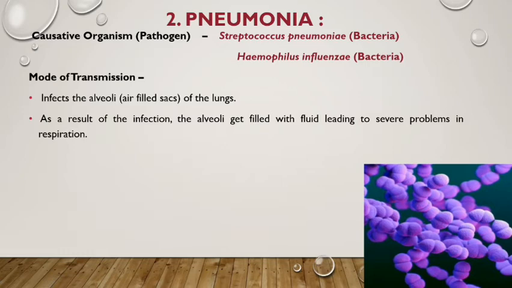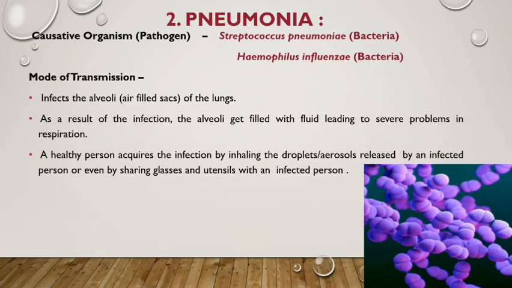Then, my dear student, a healthy person acquires the infection by inhaling the droplets or aerosols released by an infected person, or even by sharing glasses and utensils which an infected person uses. Say an infected person is infected by Streptococcus pneumoniae and has the disease pneumonia.